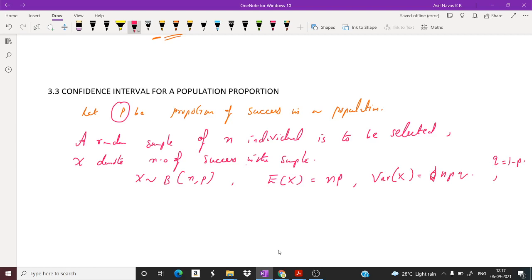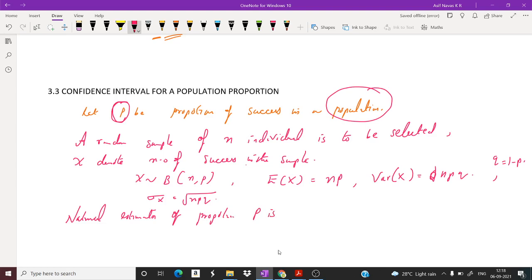So x, the number of successes in the sample, follows a binomial with mean np and variance npq, and the standard deviation is therefore root npq. Now the proportion p is the probability of success in the population, and the natural estimator for p is the sample proportion.